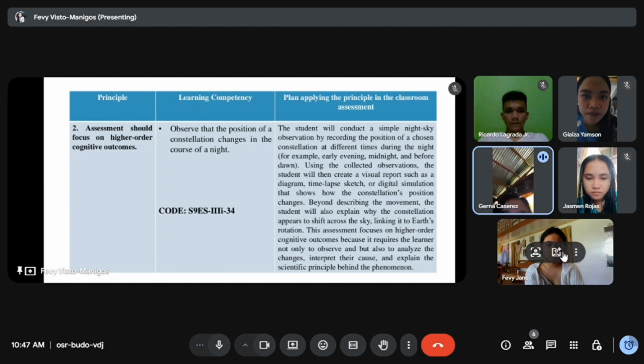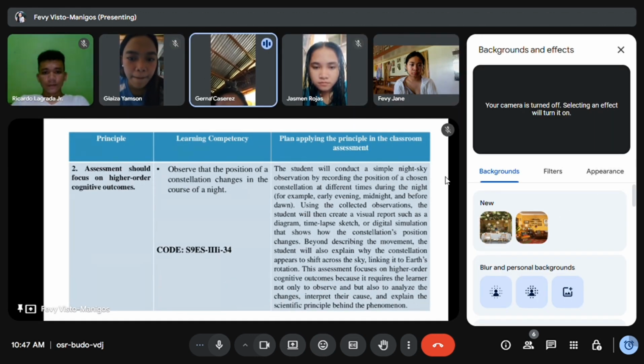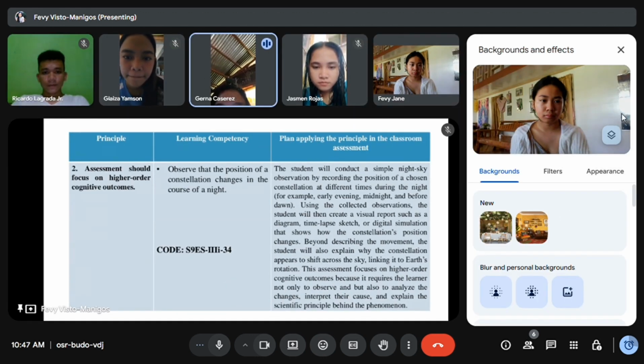In the plan applying the principle in the classroom assessment, the student will conduct a simple night sky observation by recording the position of a chosen constellation at different times during the night, for example, early evening, midnight, and before dawn.